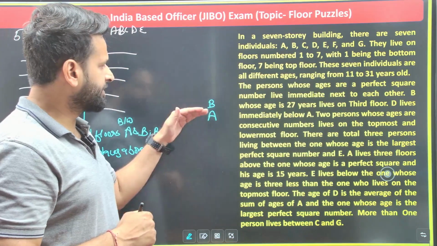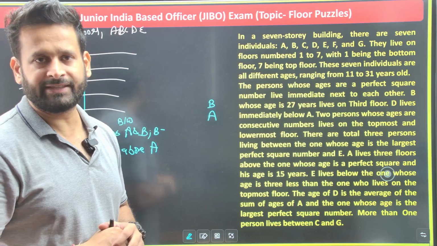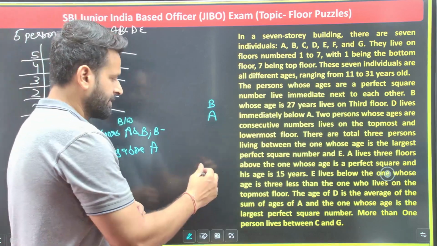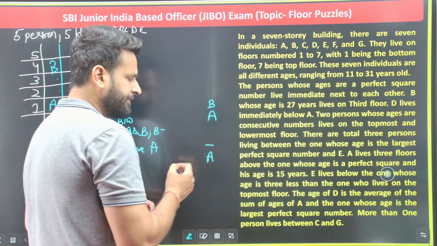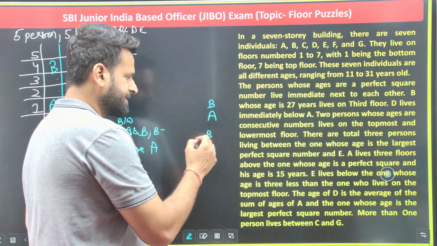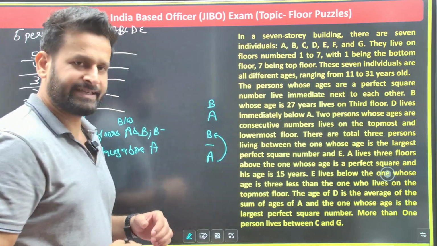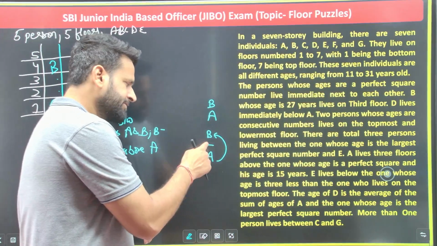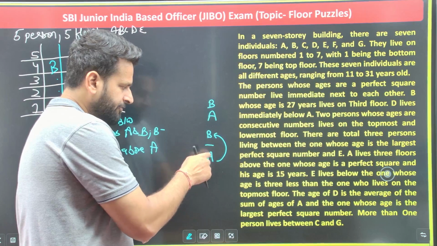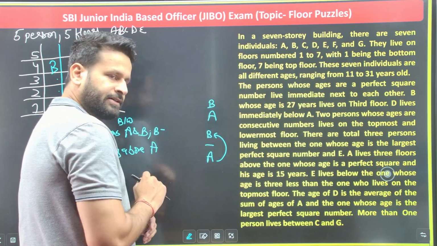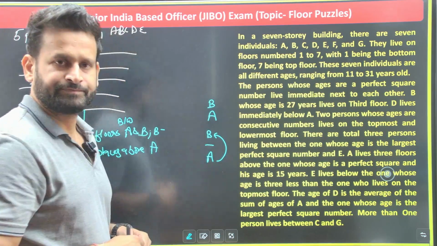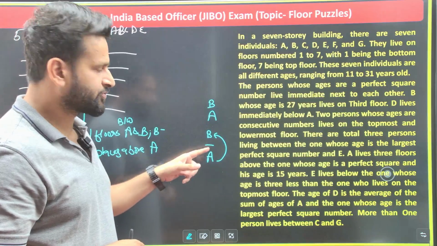And if I ask how many floors are there between them? 0. This is A, 1 floor, then on the second floor B is there. Can I say B is 2 floors above? This is 1 floor above, this is 2 floors above.